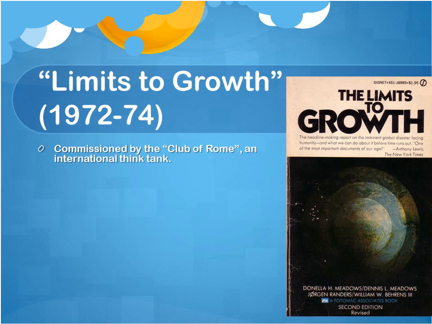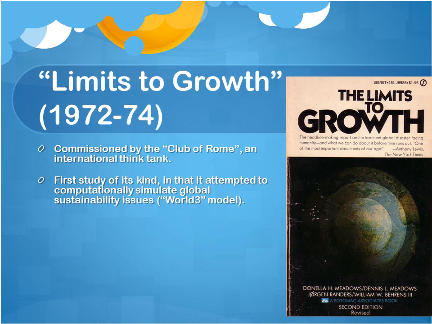It was really the first study of its kind, in that it attempted to computationally simulate global sustainability issues. The Limits to Growth study of 1972, the first edition, was essentially 40 years ago.